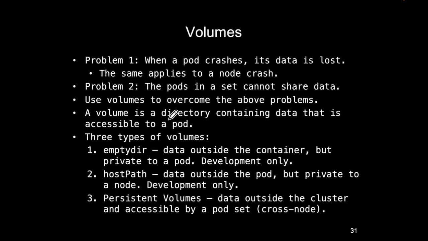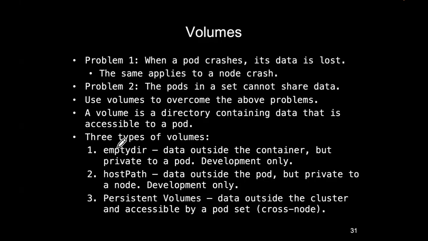Now we are told here that there are three types of volumes. Now, one and two don't really solve our problems. They are useful for debugging, but they don't solve the problems one and two at the top of the slide there. The one that we're really interested in is what is called a persistent volume.